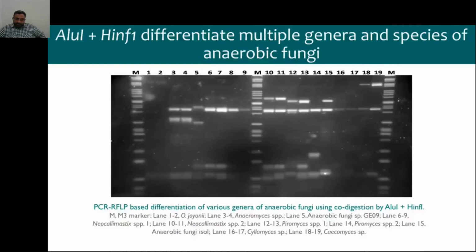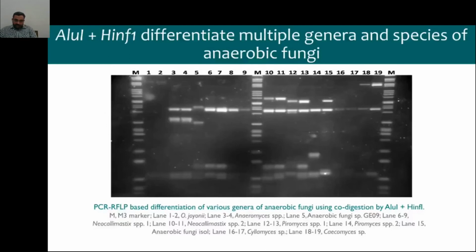Those variations we again targeted to find out if there are some restriction enzymes that can in one go differentiate between most or some genera of these anaerobic fungi. And surprisingly, we found that if we do a codigestion with AluI and HinfI, it could differentiate between all nine genera of anaerobic fungi at that time.